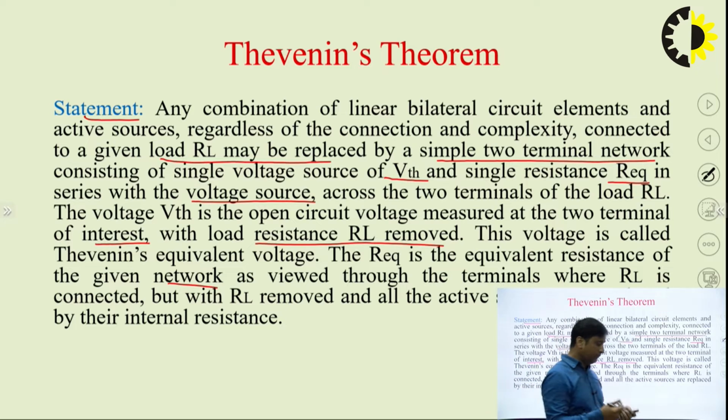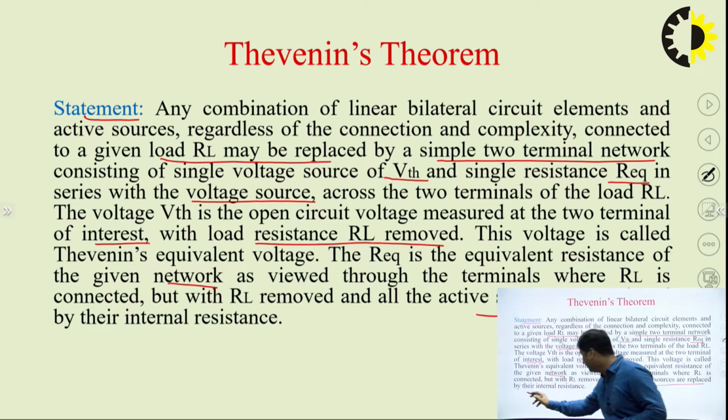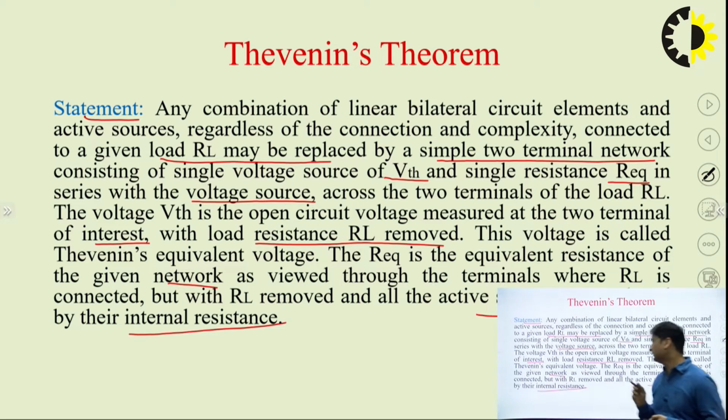So in the Thevenin equivalent circuit, we have voltage VTH and RTH. VTH can be determined at these two points of interest, and similarly RTH can be calculated by replacing all the sources, current source and voltage source, with their internal resistance.